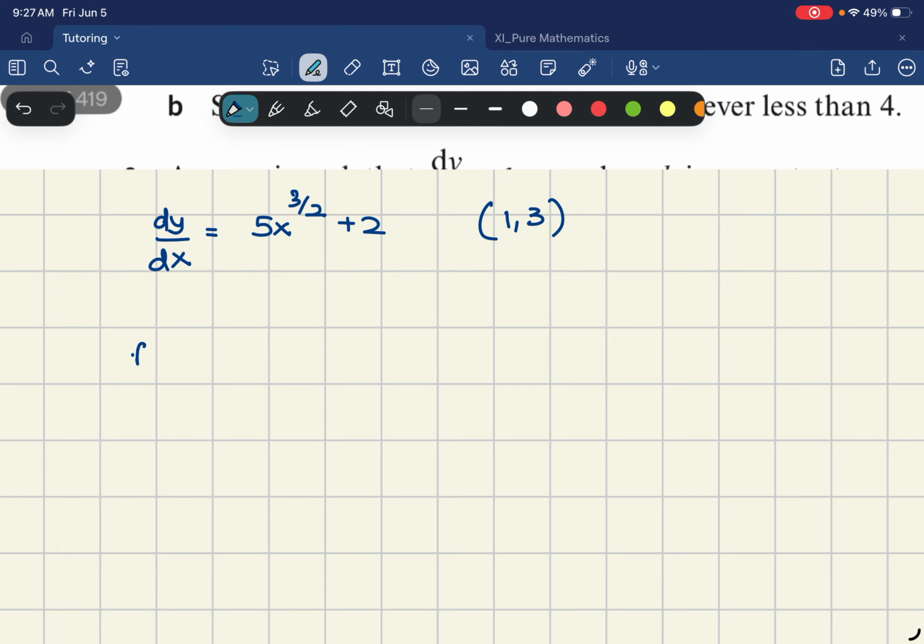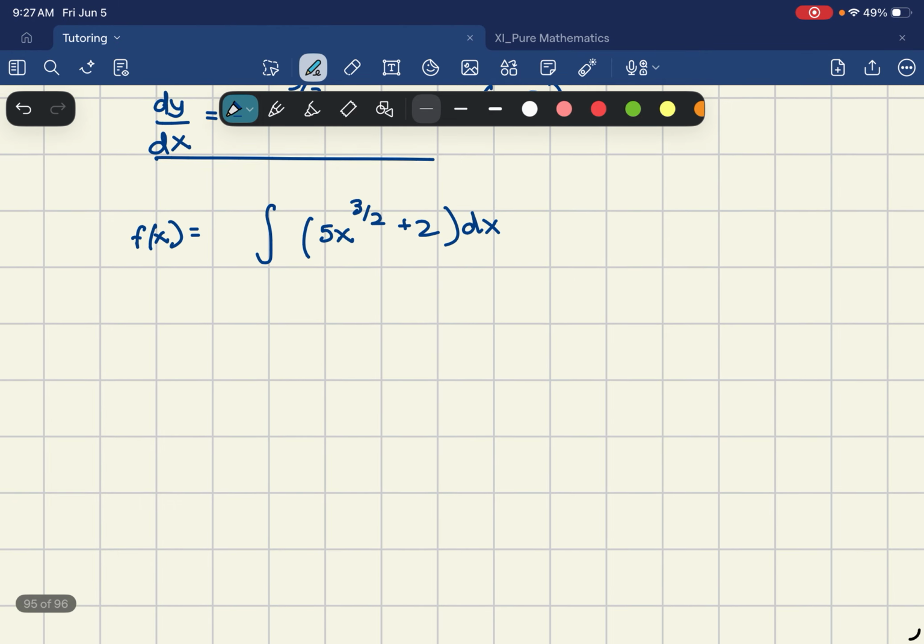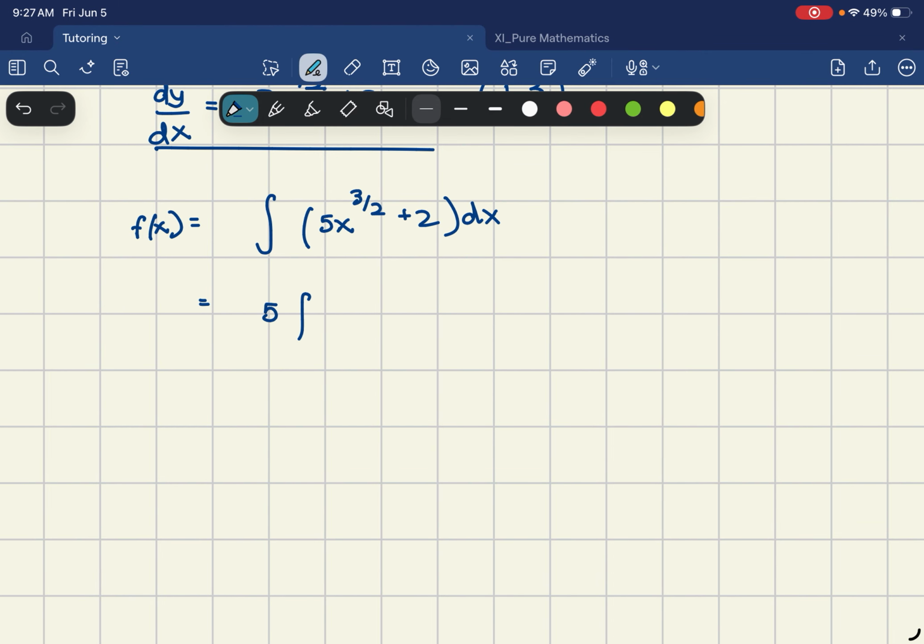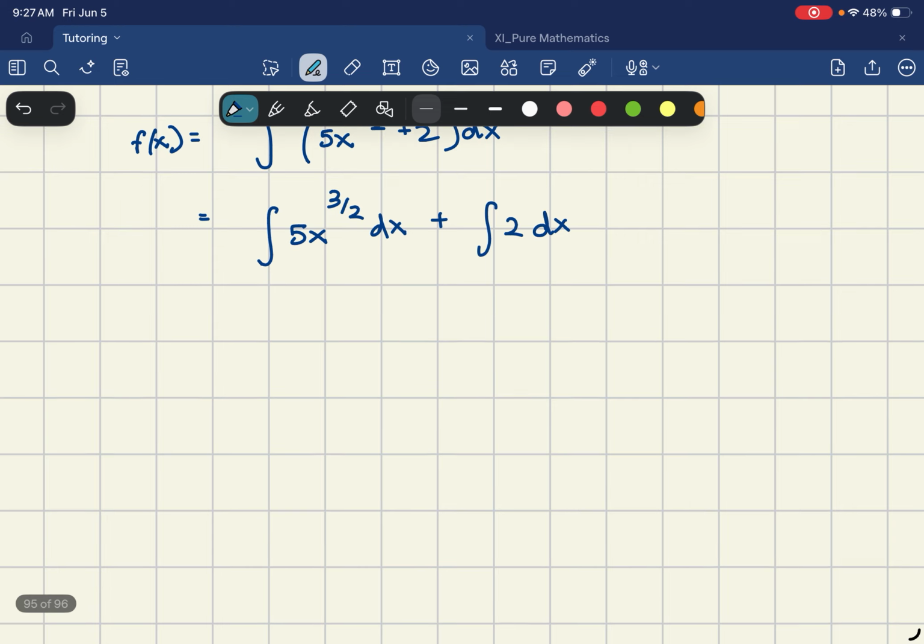Standard procedure, right? F of x is the integral of 5x to the power 3 over 2 plus 2 dx. Just integrate dy by dx is the idea. So I can write this as 5 integral of x to the power 3 over 2 dx plus integral of 2 dx, right? And this is going to be 5 integral of x to the power 3 over 2 dx plus 2 integral of x to the power 0 dx, which is just 1.